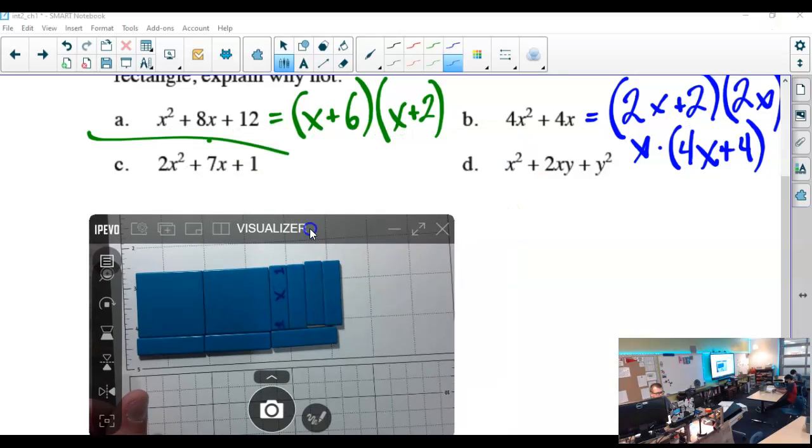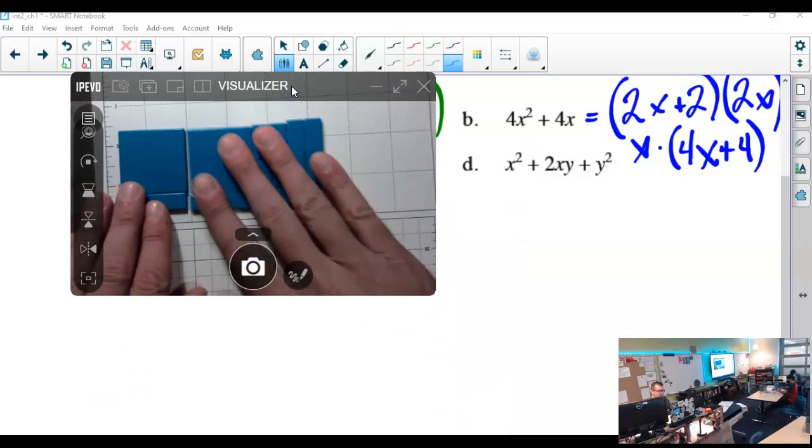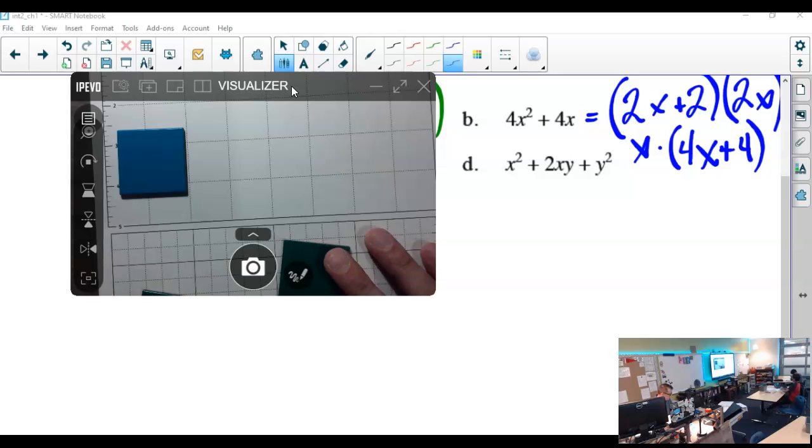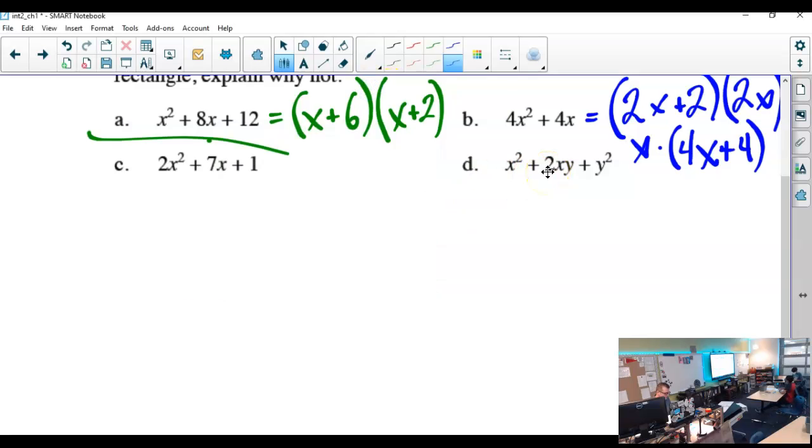What about the next one: x squared plus 2xy plus y squared. You want to see if that one works out? Try D. Try x squared plus 2xy plus y squared.